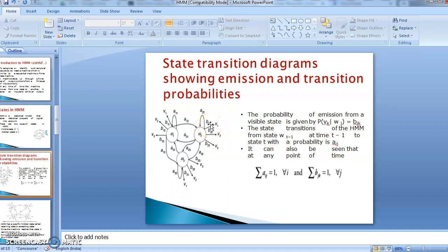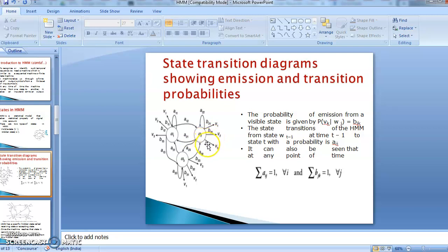So here B21, B22, B23: as this output is generated from hidden state W2, the emission probability for visible state V1 from hidden state W2 is B21. The emission probability for visible state V2 from hidden state W2 is B22.